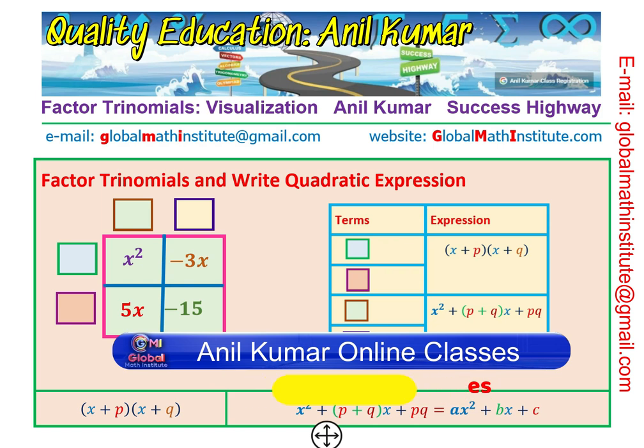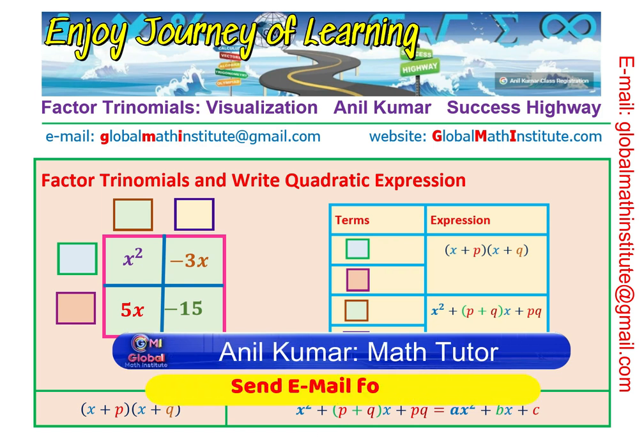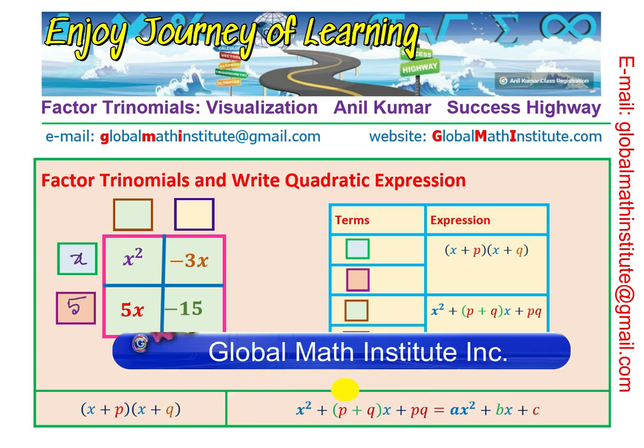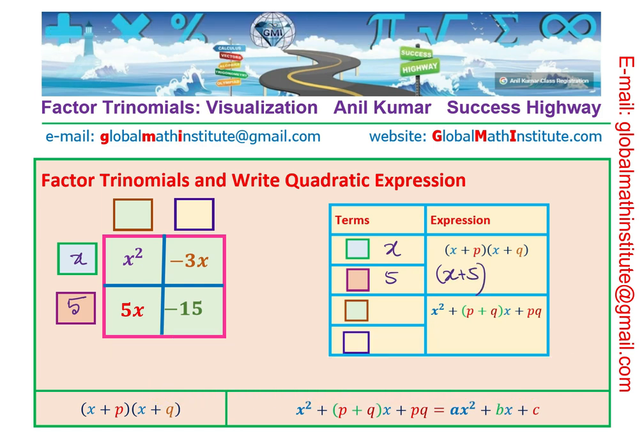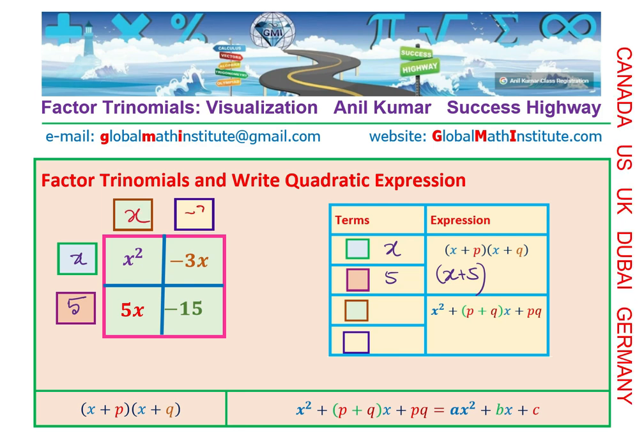So here's another example. I would like you to now pause the video and answer these questions one by one. As I move forward, rows first, we have x common here and we have 5 common there, right? Which gives us x and 5 as the first factor, x plus 5. Makes sense? The next one, column wise, we have x here and we have minus 3.